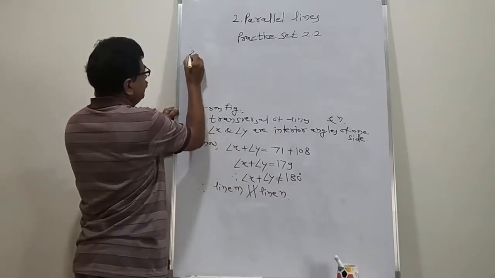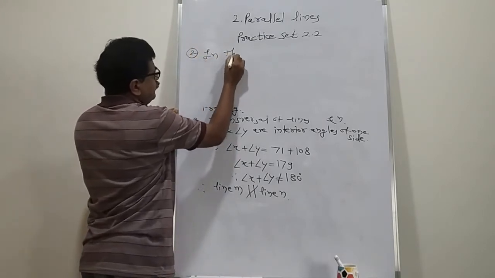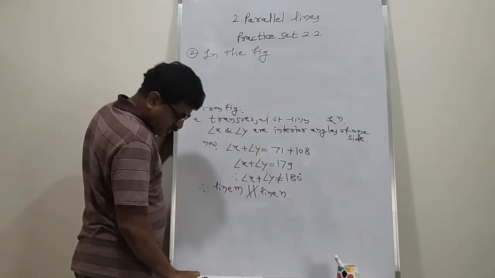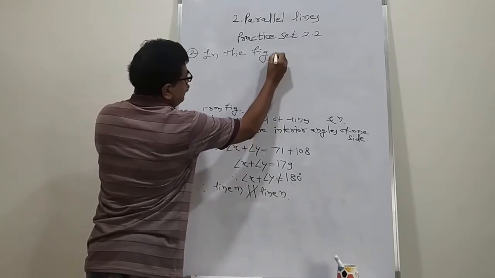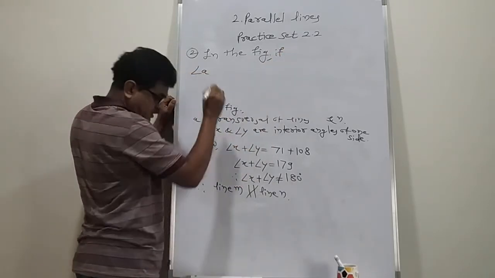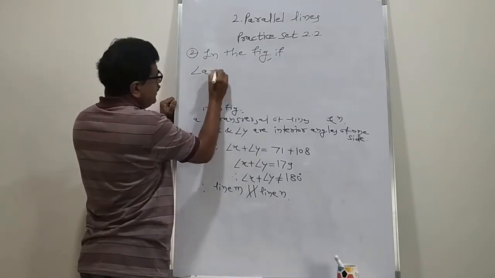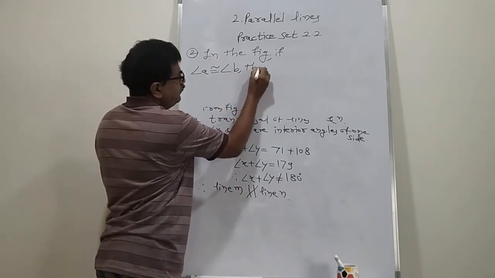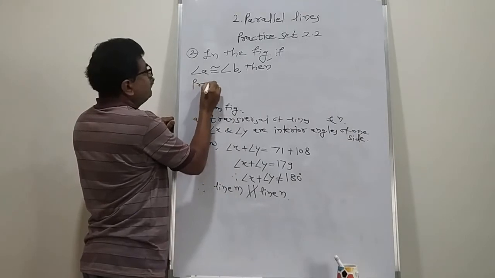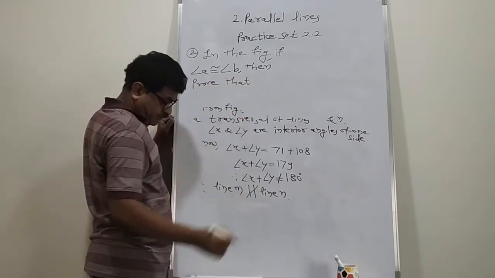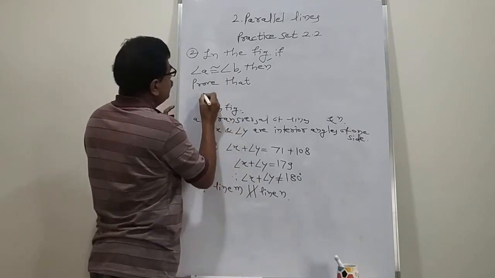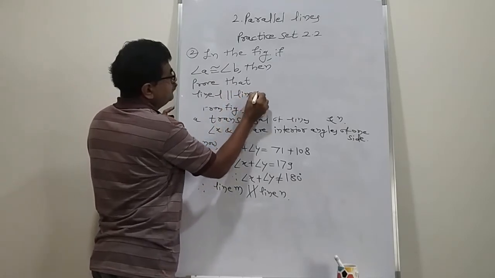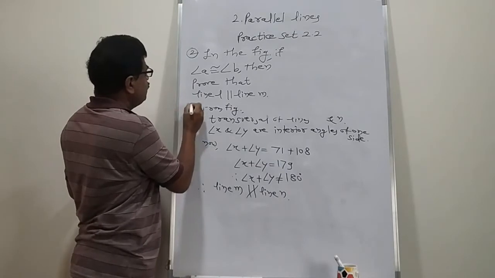In the figure, if angle A congruent to angle B, then prove that line L parallel to line M.